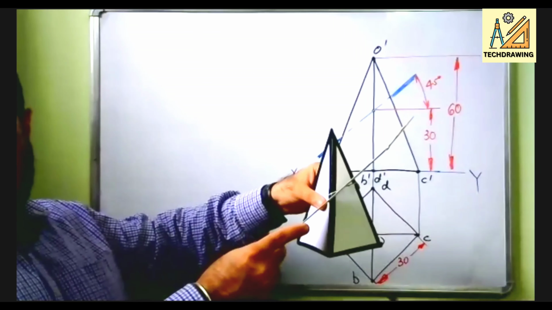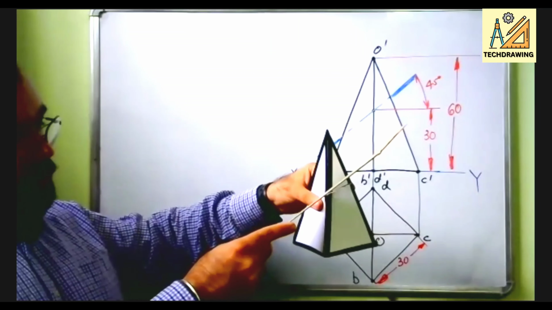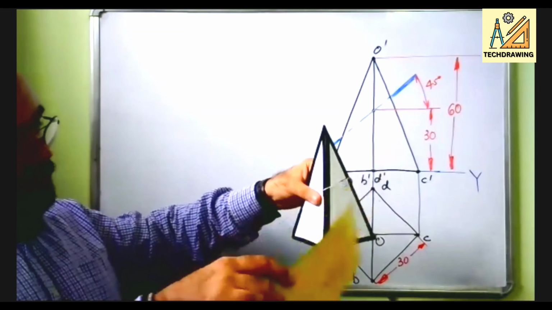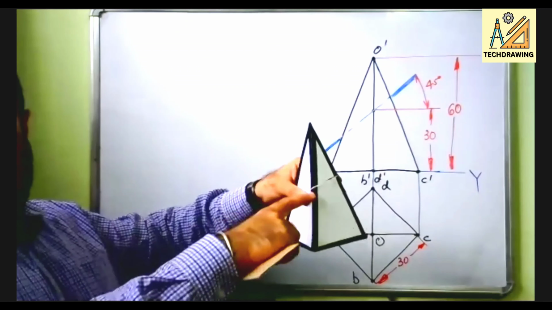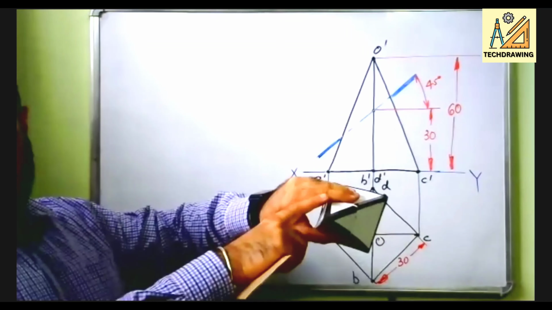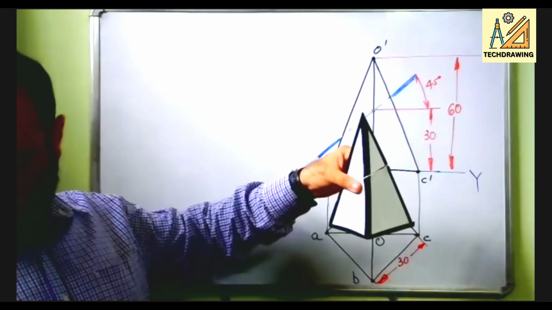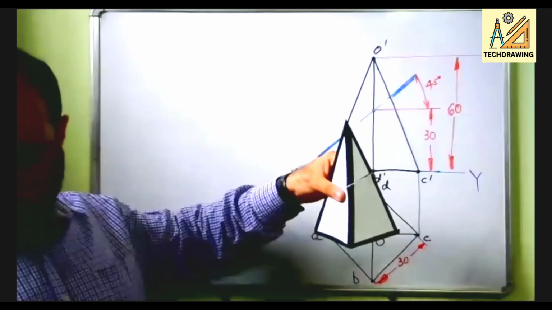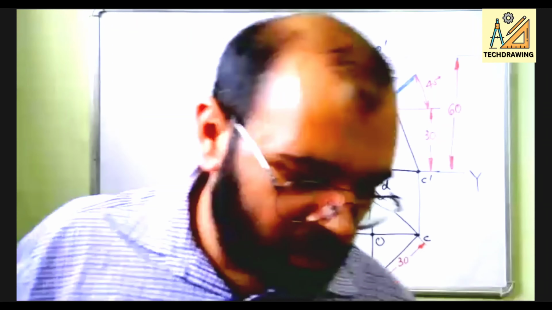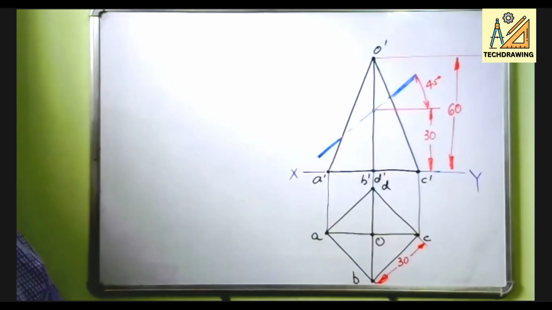After that, it will be intersecting the slant edges, like this slant edge, this slant edge, this slant edge, and this rear one. Wherever it is intersecting the slant edges, we will name those points.